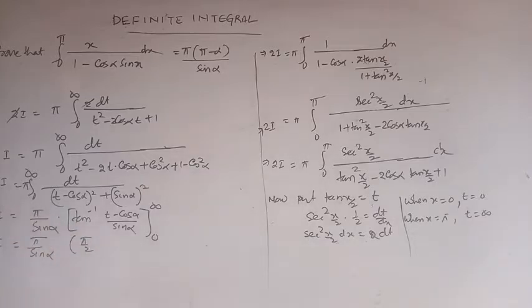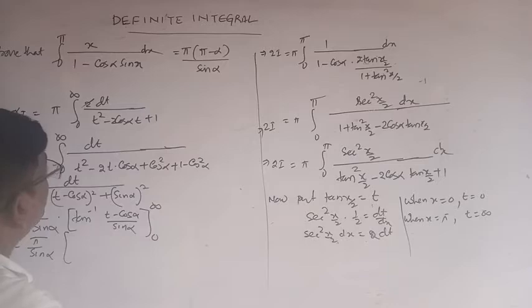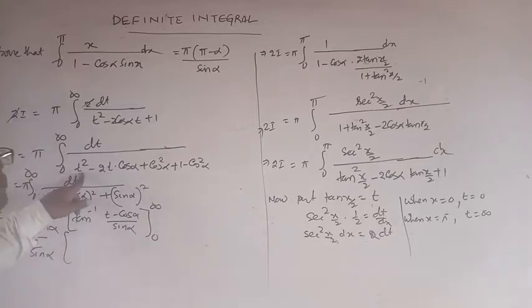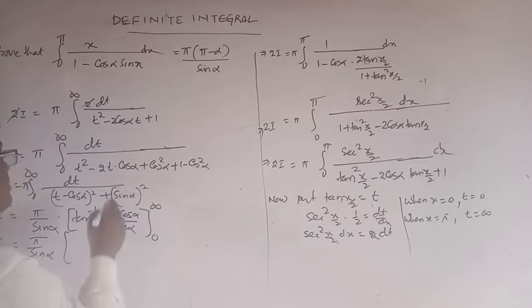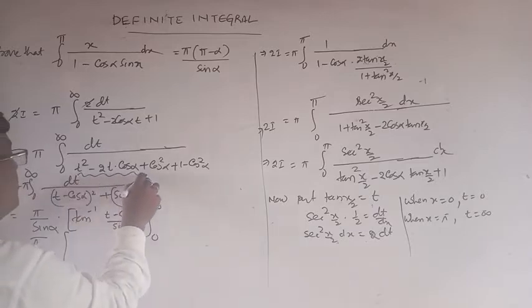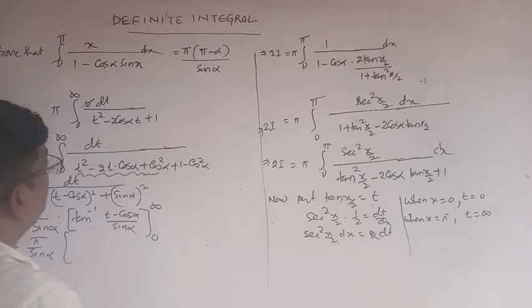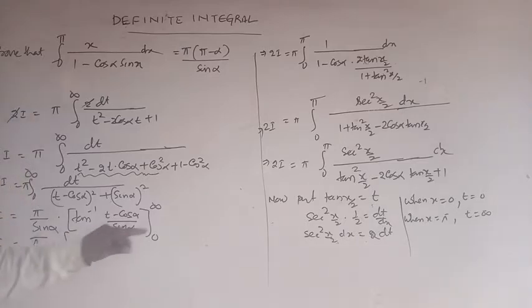If t is equal to 0, then we get (t minus cos alpha) divided by sin alpha, which is minus cot alpha.